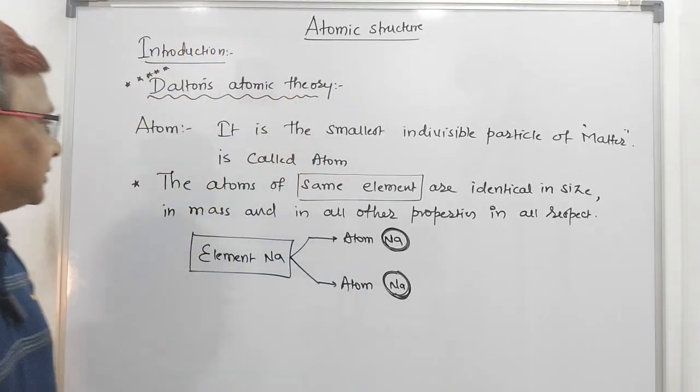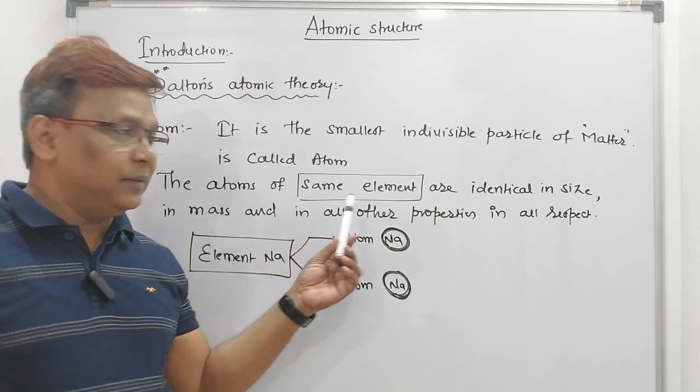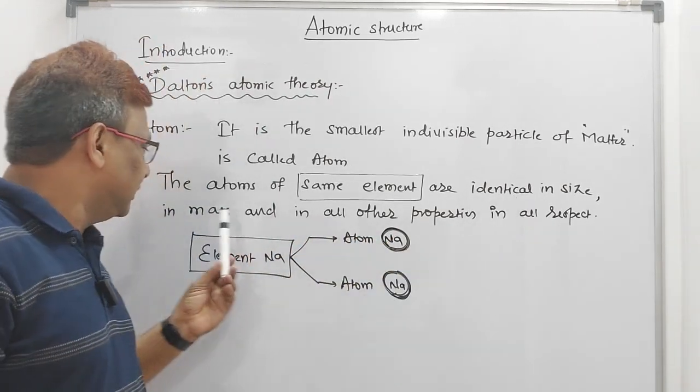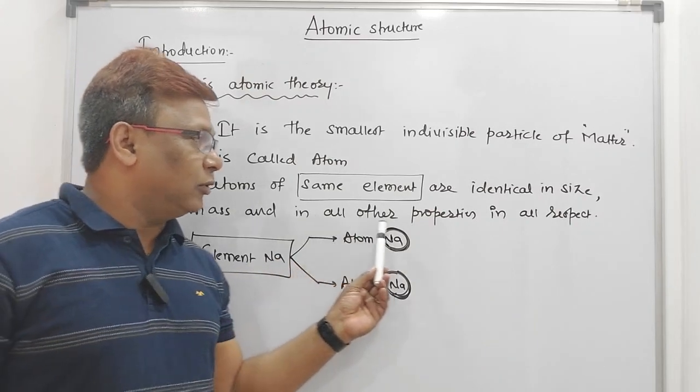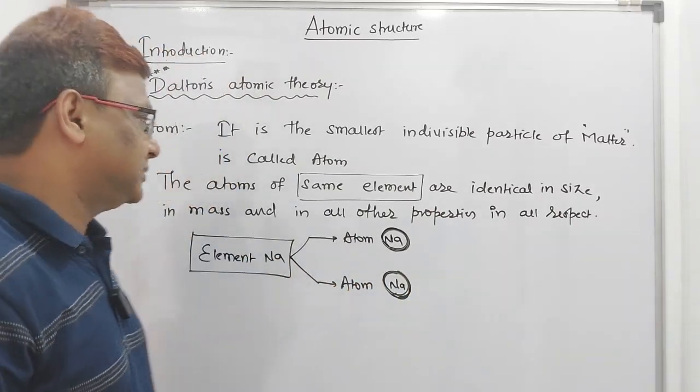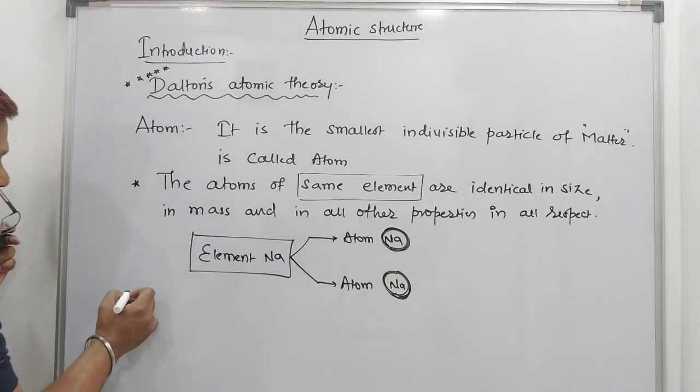Now the next point we'll discuss here. Atoms of the same element are identical in size, identical in mass, and in all properties and all aspects. But one more point I will write now.